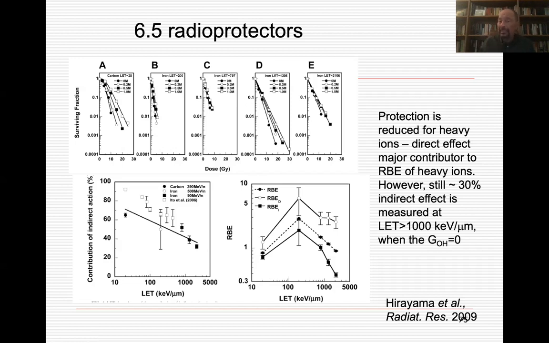So even at very high LET, you still have a dependence on the indirect effect of 20%, 30%, the opposite of X-rays, where it is about 70%, 80%.